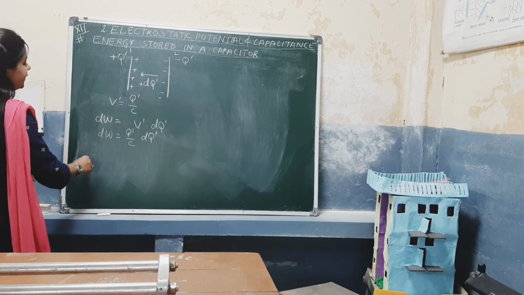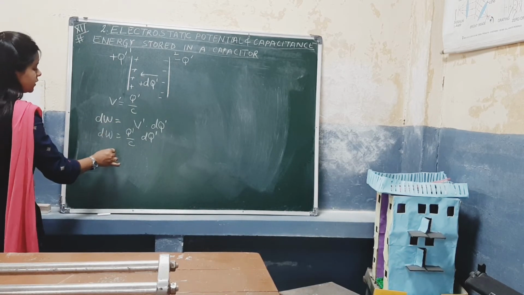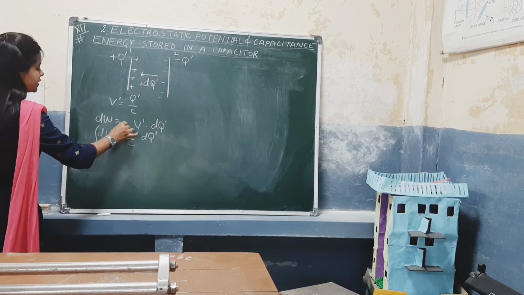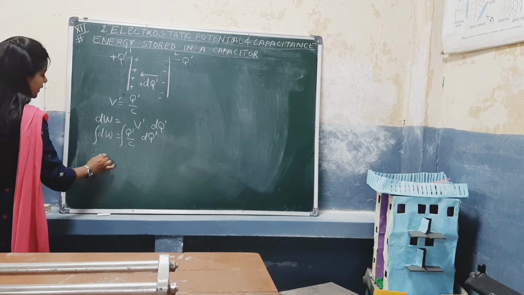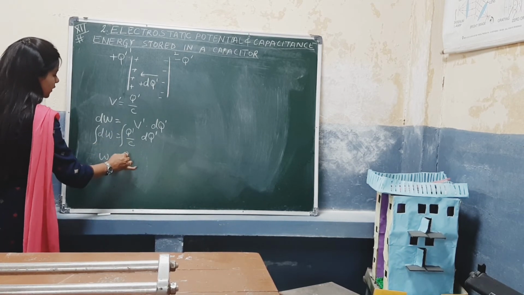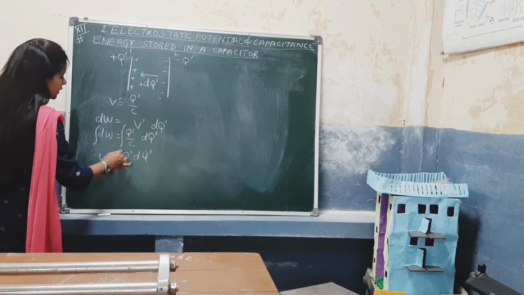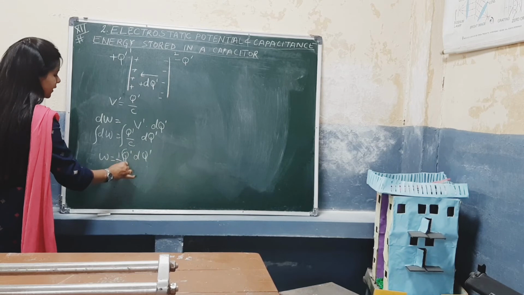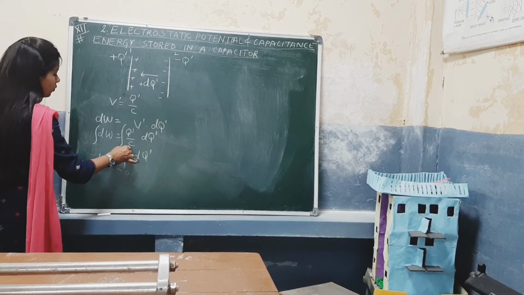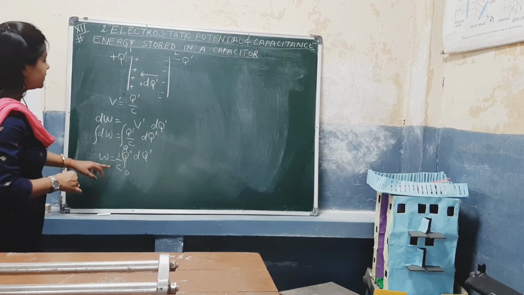Fine. Now if we have to completely make it positively charged and completely make the other negatively charged, we integrate from charge 0 to plus Q. So the work done is the integral of Q dash dq dash, capacitance remains the same, from 0 to Q. Now we integrate.